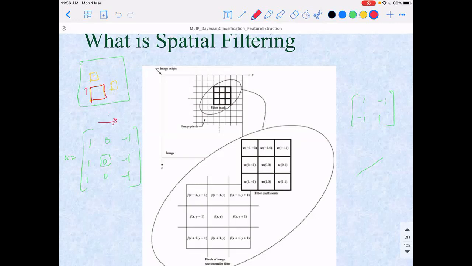Or in other words, if you see, this also looks like a step, right? So this is all okay. If I just sketch this, this is all 0, and sorry, this is all -1, this is all +1. So it looks like a vertical step. So it will find out the vertical steps. Is this clear or not?